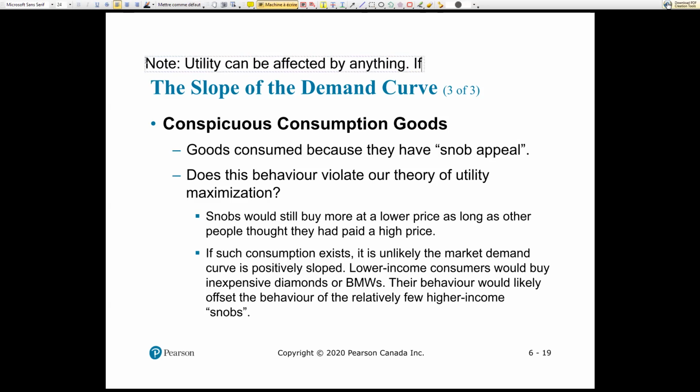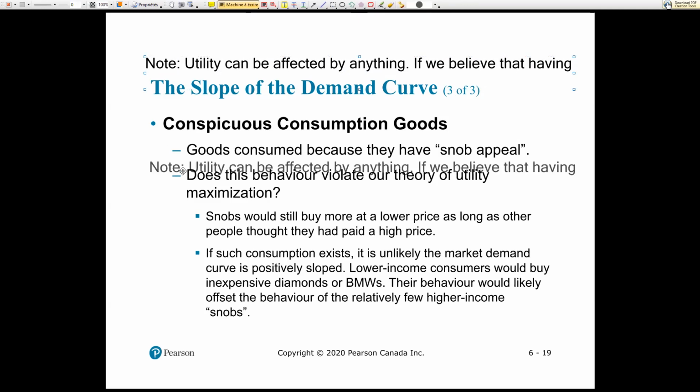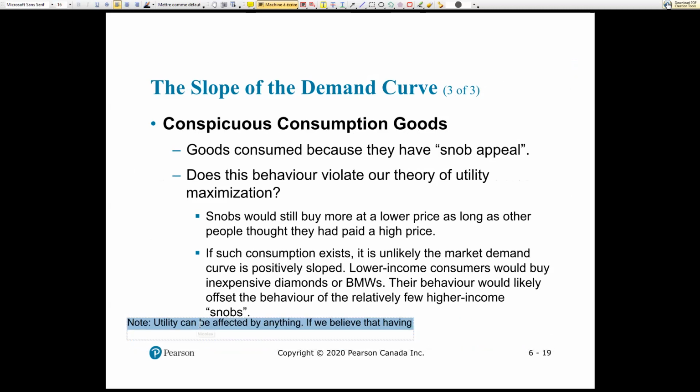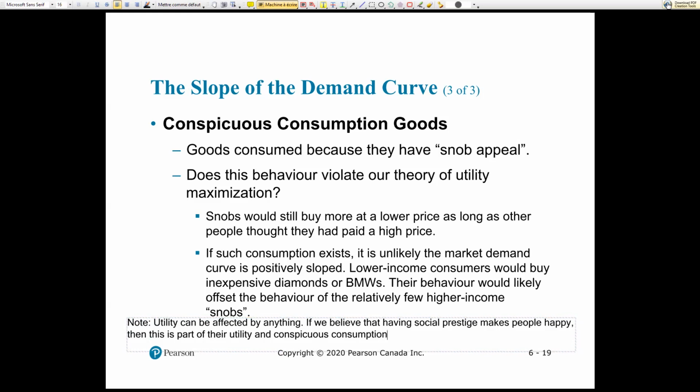So if we believe that social prestige makes people happy, then this is part of their utility, and conspicuous consumption is a perfectly rational choice.